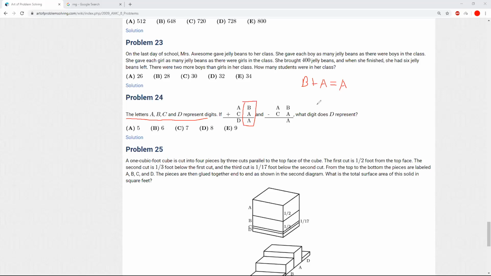All right. So from this column, we get B plus A is equal to A. So we deduce that B is equal to 0. That's what we get. And then if we look at this column, we get B minus A is equal to A. And if we notice, that means that A has to be 5.